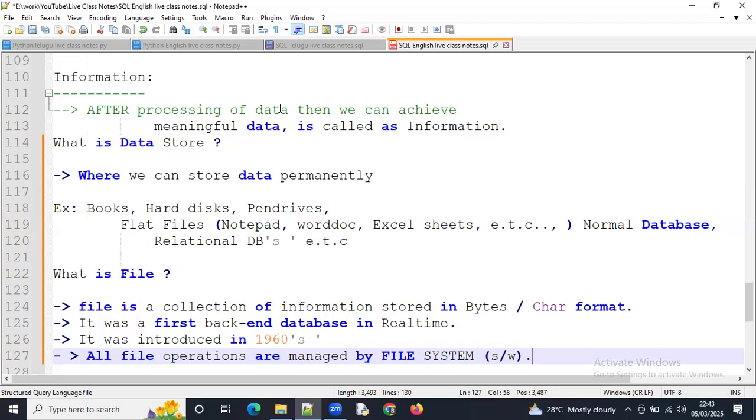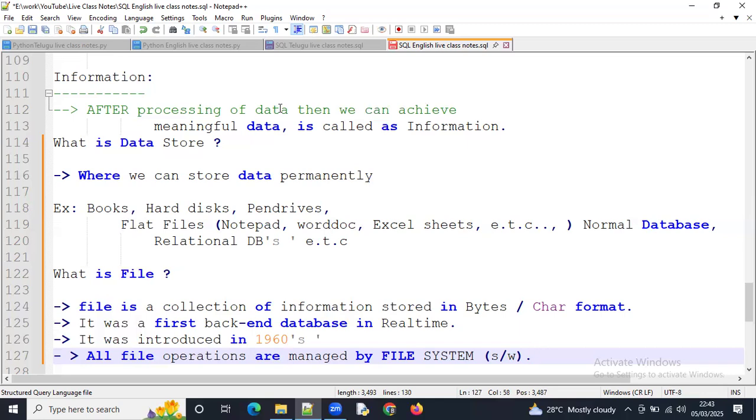Now we have normal databases and relational databases. Examples of relational databases are tables.